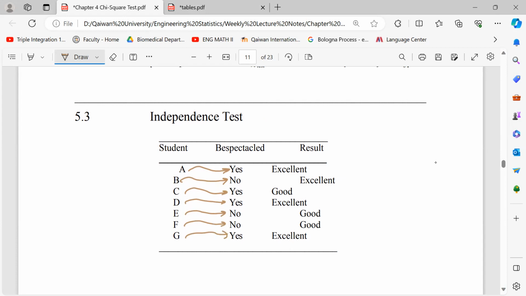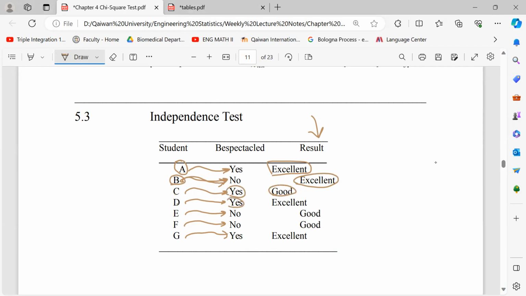Okay? Then, the result in a subject, in a module. The result of student A, who wears glasses, is excellent. Student B doesn't wear glasses and got excellent. Student C wears glasses but got good.